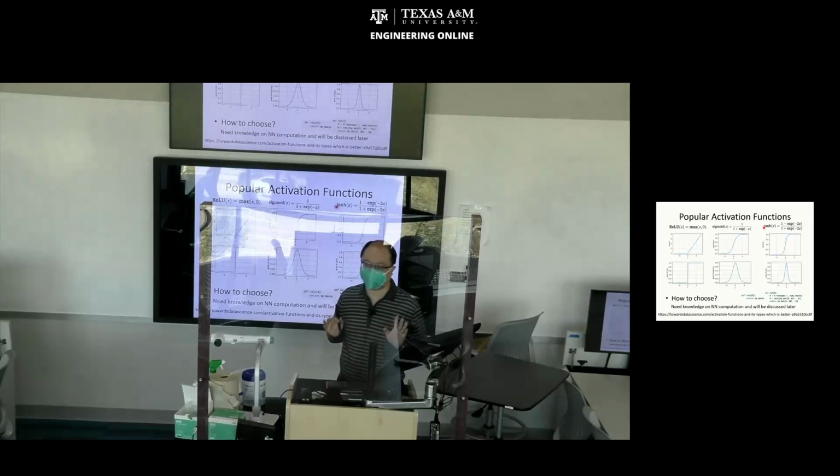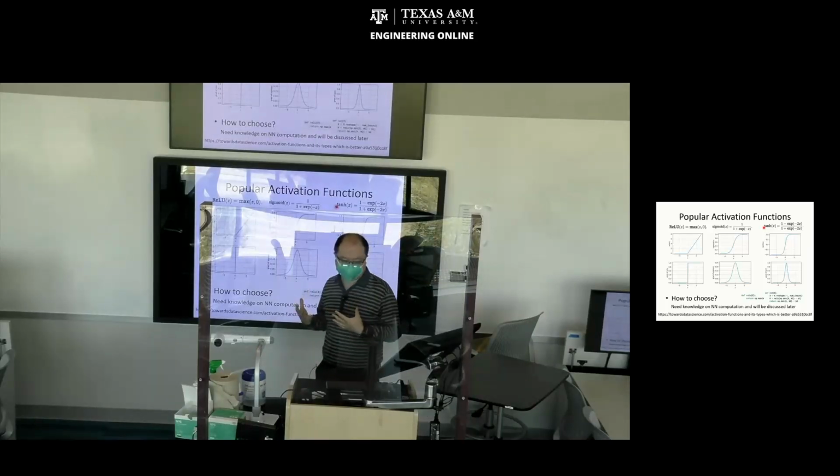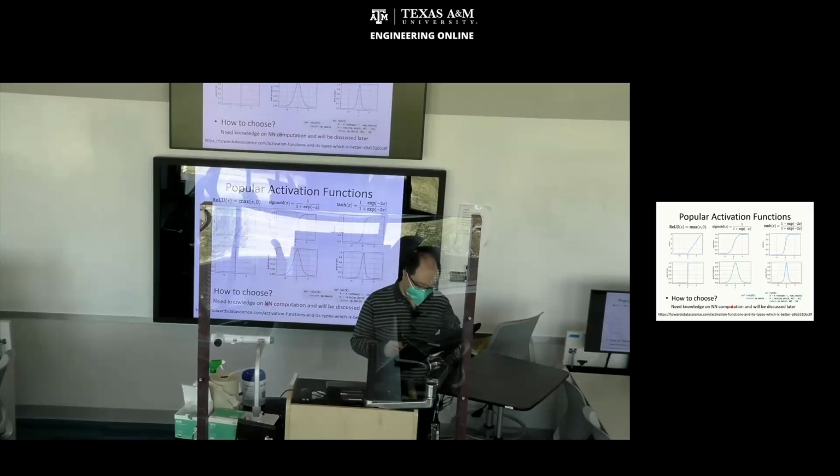We're not talking about computation so far, right? Remember, at the end of the optimization, we talked about computation, numerical optimization, right? So some of this knowledge will be brought back when we talk about neural network computation. But if you are interested in knowing the conclusions so far, you can read these blogs.